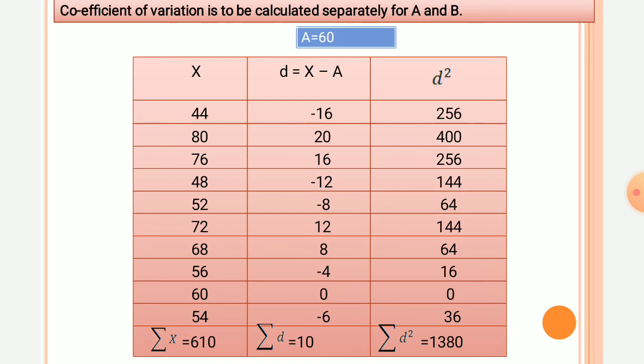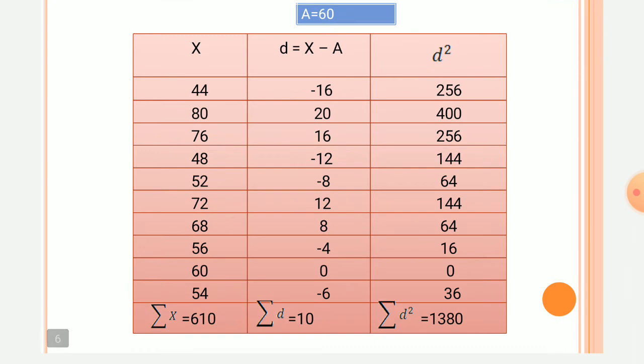Therefore we then make the square of d. After finding d, we have to make d square. So d square is d into d.